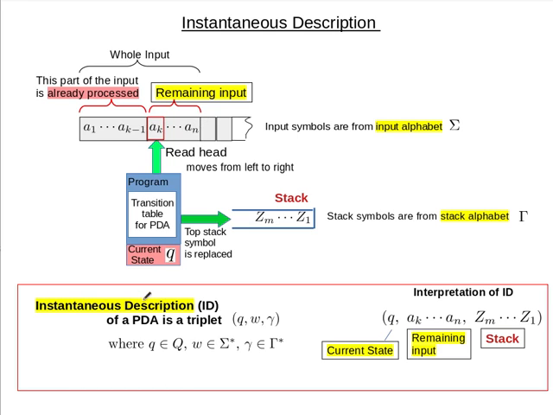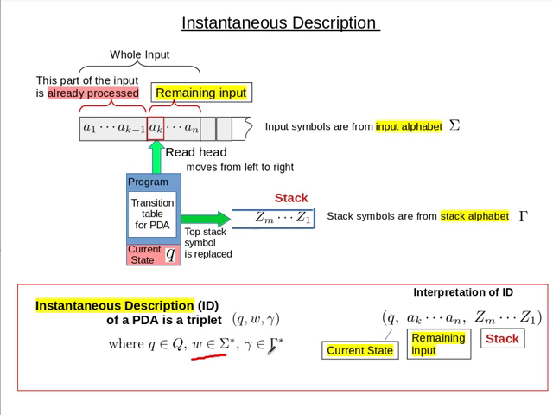So the instantaneous description will have a state, the remaining part of the input, which is a string over sigma, the input alphabet, and then the string in the stack, which is over the stack alphabet, because these are symbols from capital gamma.